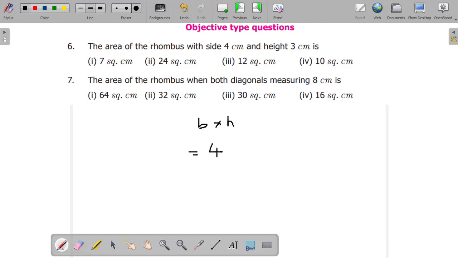What is height here? H is 3. So 4 into 3 square centimeter, that is 4 3s are 12 square centimeter. So the answer is third option, 12 square centimeter.